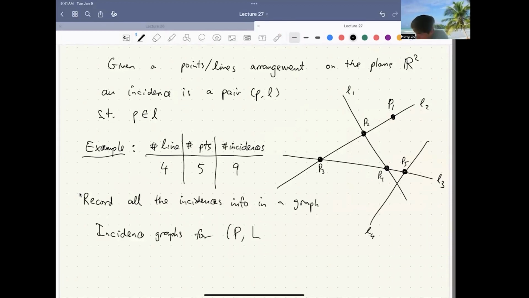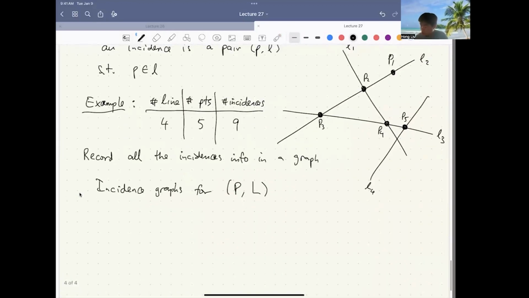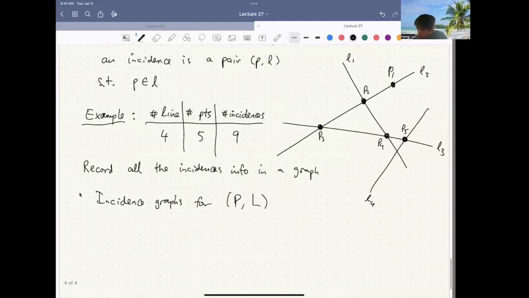For a set of points and a set of lines, it is a bipartite graph where you have points and lines as vertices.